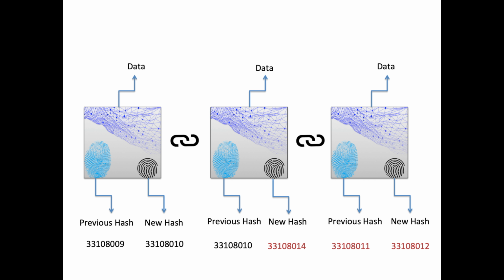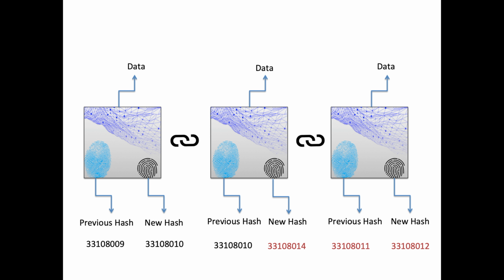So let's say that somebody tried to alter the data. As soon as a data or a block is altered, it gives itself a new fingerprint because no two blocks can be the same. So once anything is changed, immediately the hash is changed. Once the hash is changed, it throws off the entire network because it checks the previous hash. Let me give you an example.